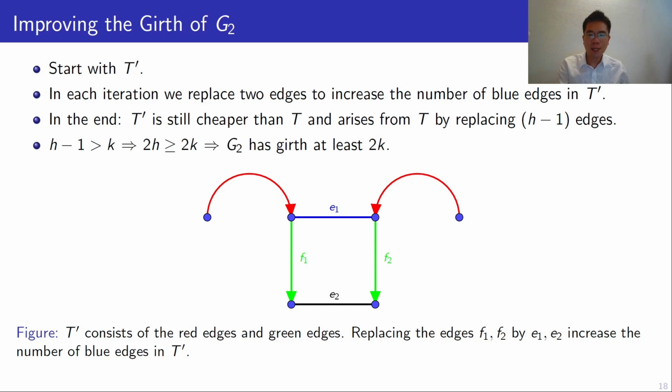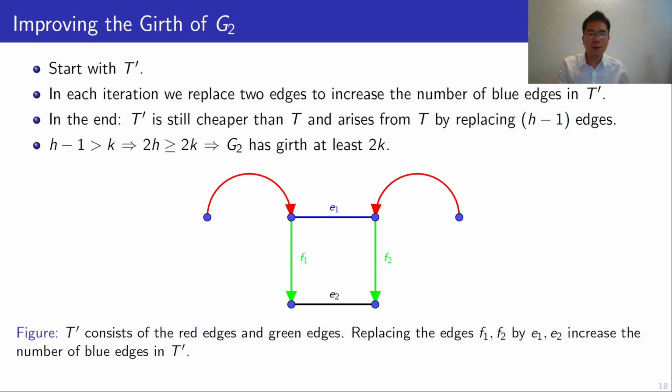The tour T prime consists of the red edges and the green edges, and we can now delete the green edges F1 and F2 and add the edges E1 and E2 such that the tour contains an additional blue edge, and in this case E1. We have to show that after the replacement the tour is still connected, and we can find enough such replacements such that in the end T prime is still cheaper than T and arises from T by replacing H-1 edges.